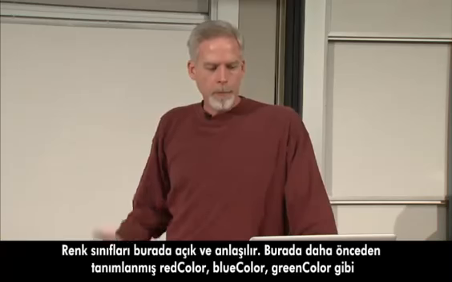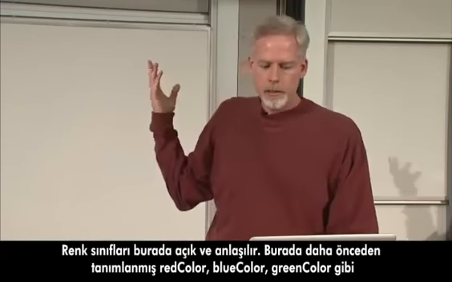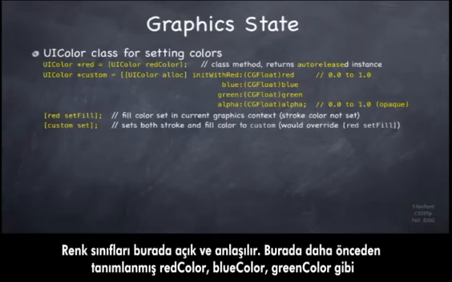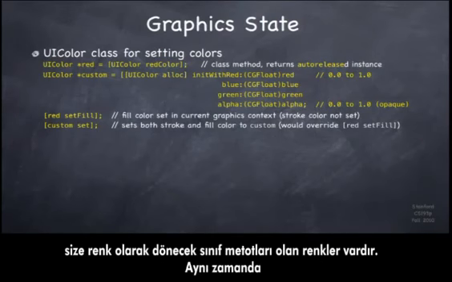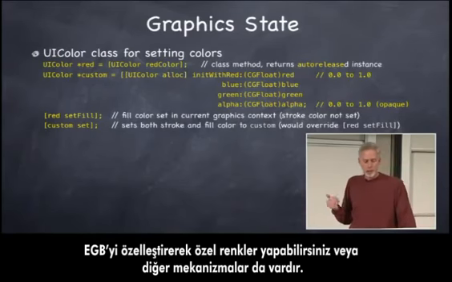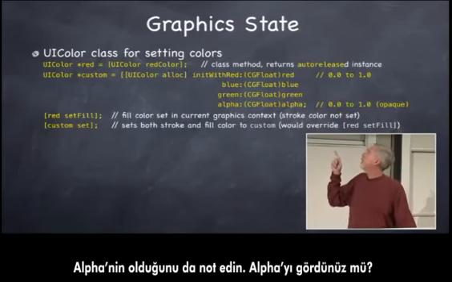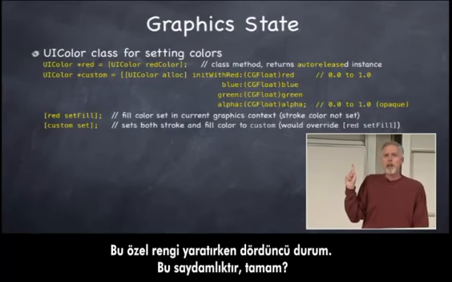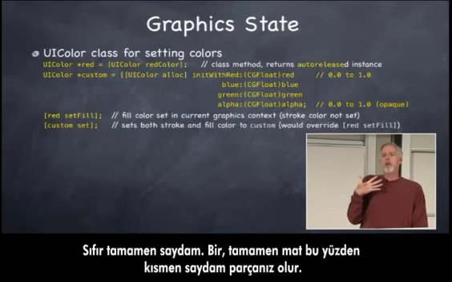The color class, it's pretty straightforward and obvious here. It has some predefined colors like redColor, blueColor, greenColor, which are class methods that will return you a color. You can also make custom colors by specifying the RGB, or there's other mechanisms as well. Note also that there's alpha. See that alpha, the fourth argument to creating that custom color? That's transparency. Okay, 0 fully transparent, 1 fully opaque.